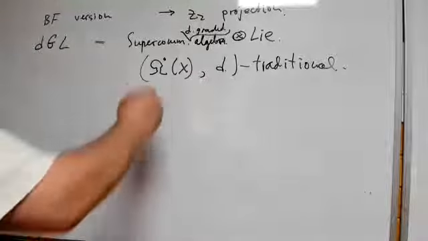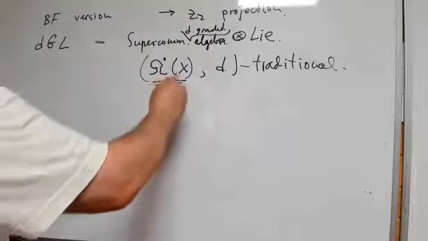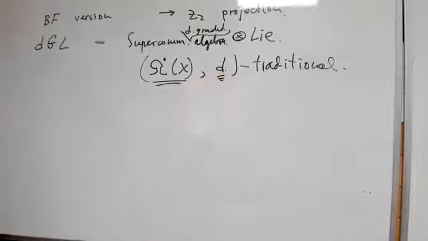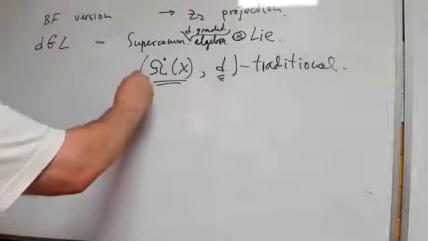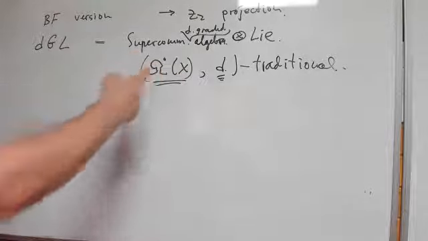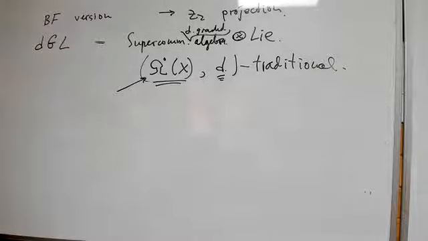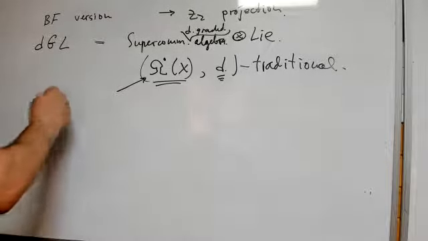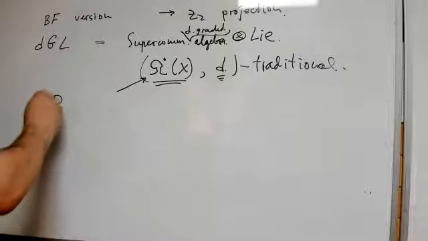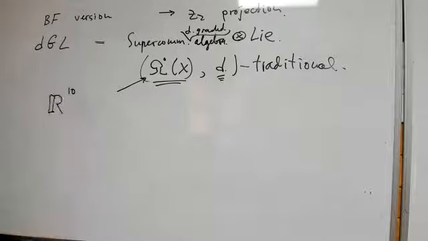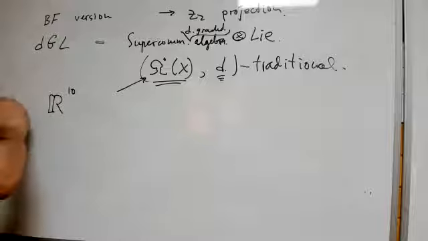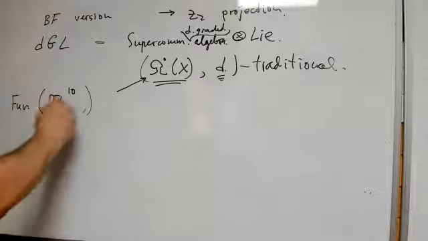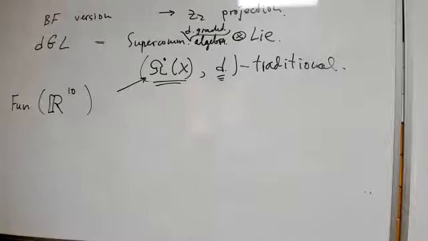Now we will replace this by something and this by something. Okay? So first I will describe what would replace this Omega star of X. Namely, I will consider R10 and smooth functions on R10.